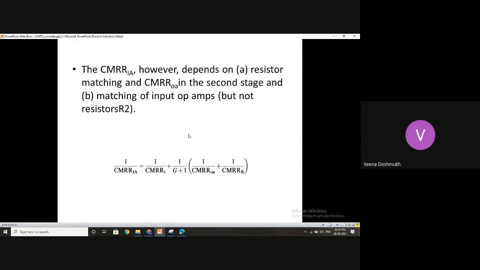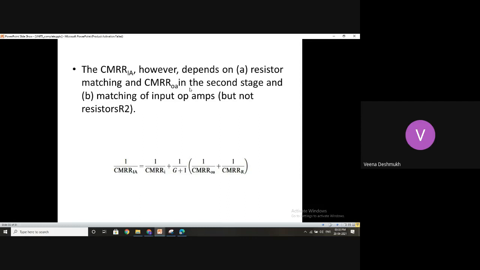What is the CMRR of the instrumentation amplifier? Basically, it depends upon matching of the resistors, R1, R2, R3, R4. In the previous class, we saw in the differential amplifier that the ratio R4 by R3 should be equal to R1 by R2, equal to K. The same thing holds good here as well.